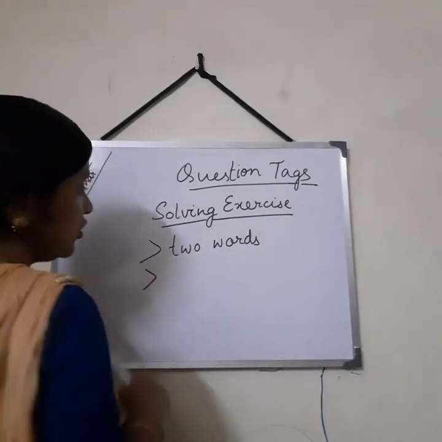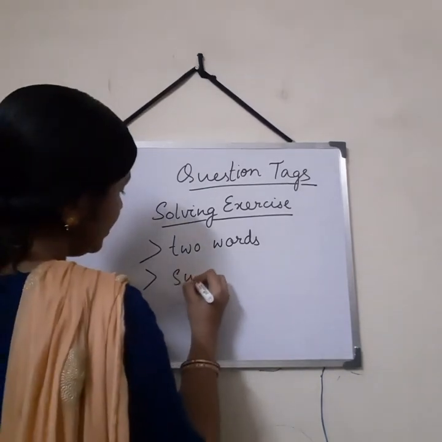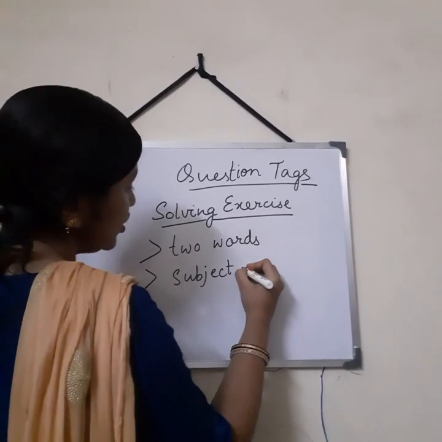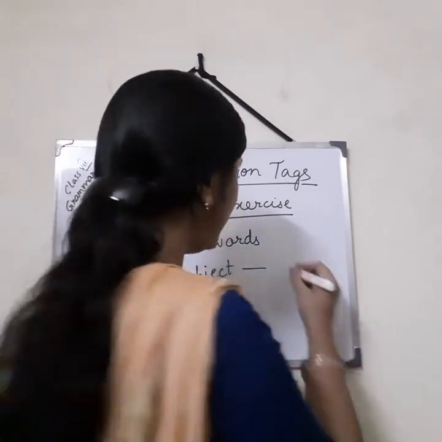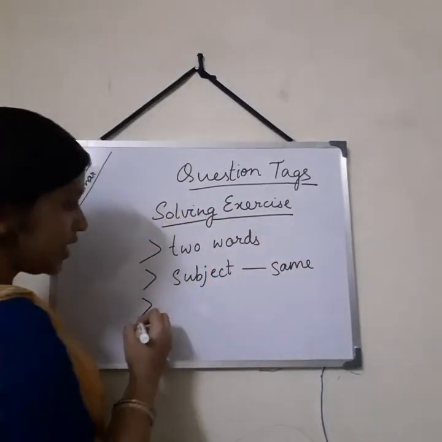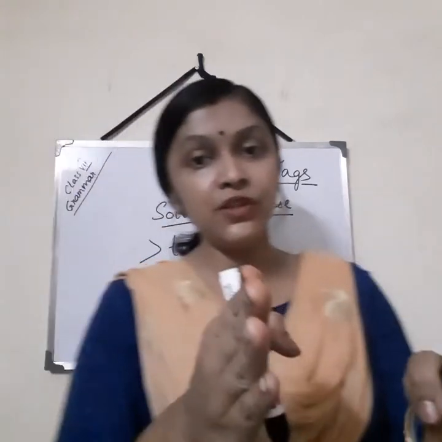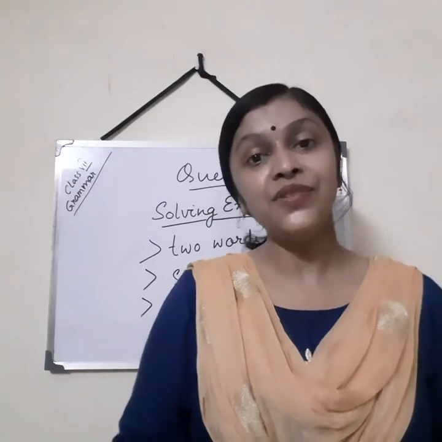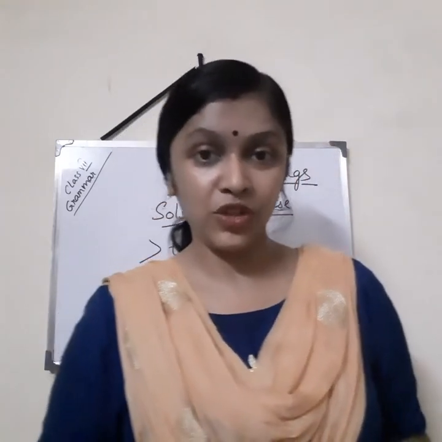The second feature is that the subject for both the question tag and the associated statement should be the same. Next, for any kind of positive statement, we use a negative question tag, and for a negative statement we use a positive question tag.